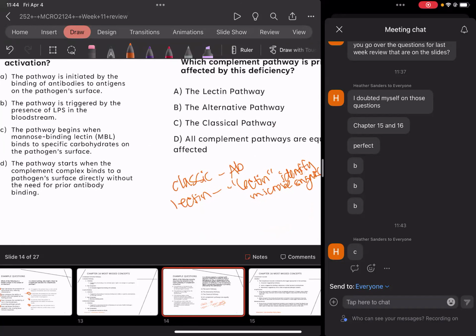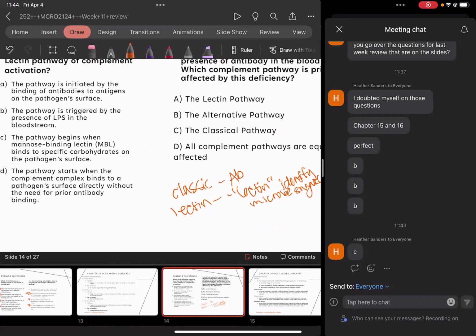These are sugars that are associated specifically with microbes. And then we have the alternative pathway, which is going to be able to recognize molecular patterns like LPS.